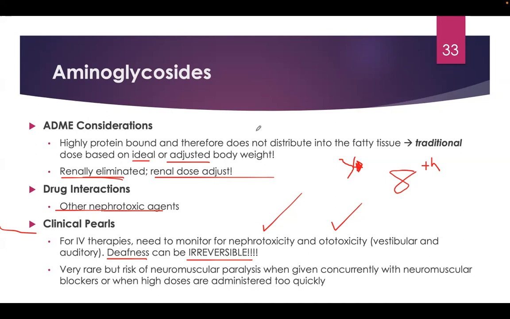That was important because we used aminoglycosides all the time back then in synergy with Zosyn or other anti-pseudomonal antibiotics. But you do get some neuromuscular junction issues with acetylcholinesterase and acetylcholine, and you can get paralysis when given concurrently with neuromuscular blockers or when high doses are administered too quickly. So that's more of a pearl.